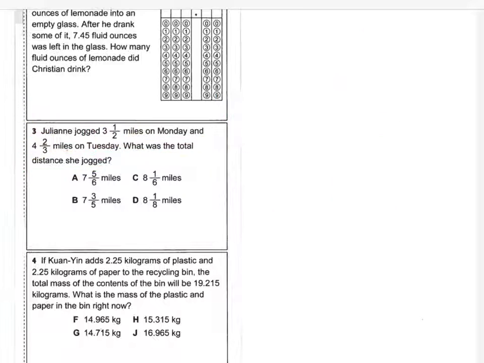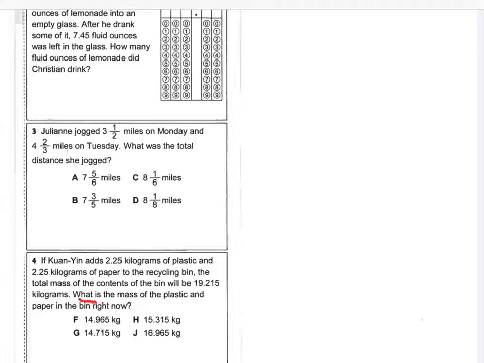Number 4, if Kuan Yin adds 2.25 kilograms of plastic and 2.25 kilograms of paper to the recycling bin, the total mass of the contents of the bin will be 19.215 kilograms. What is the mass of plastic and paper in the bin right now?